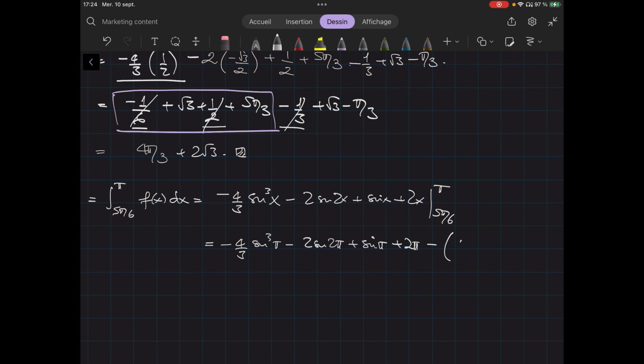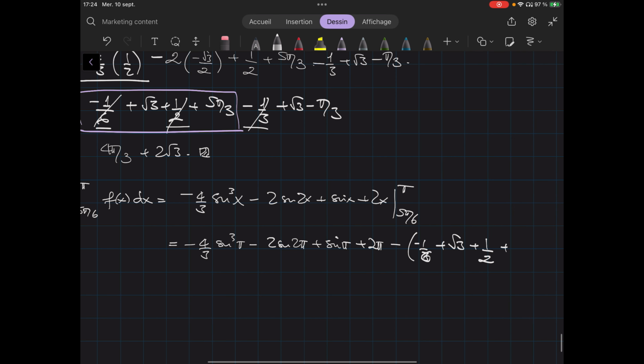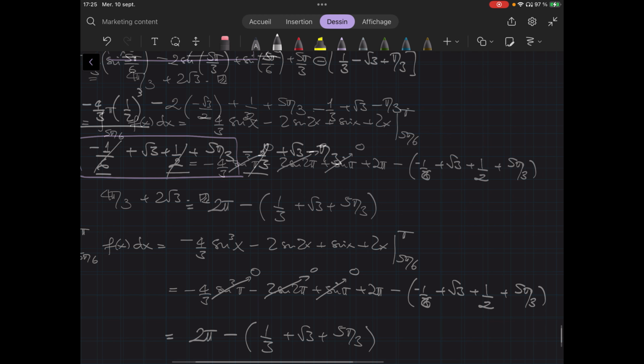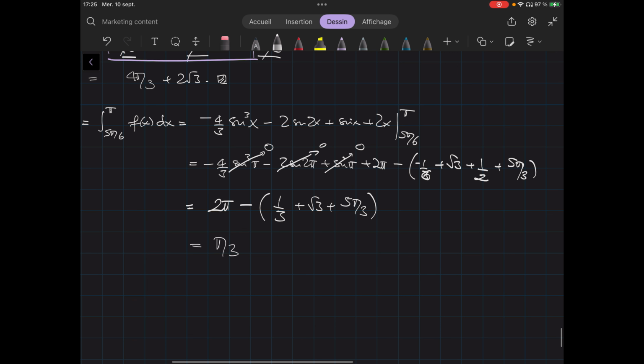That's totally up to you. Sine of pi is 0. Sine of 2 pi is 0. So this is simply 2 pi. 1 by 3, root 3, 5 pi by 3. And you will get pi by 3 minus 1 by 3 minus root 3.